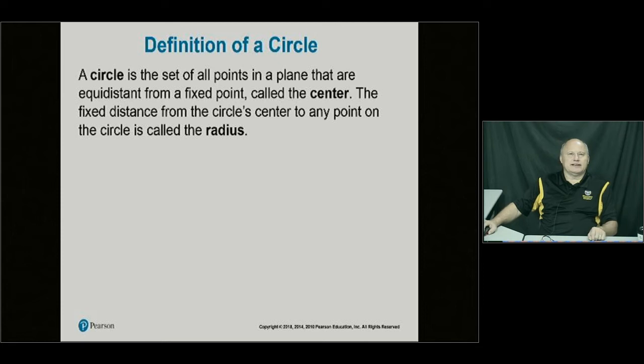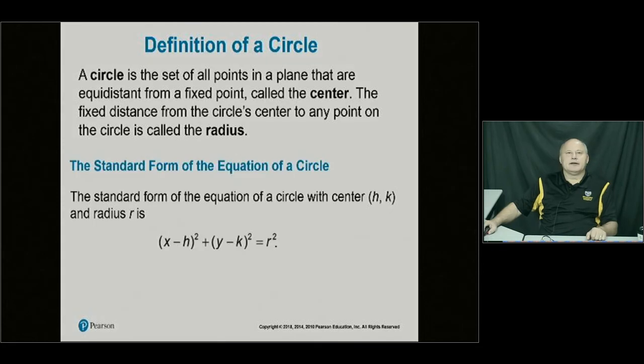A circle is a set of points in a plane that does this, but a sphere is a set of points in 3 dimensions. It's not in a plane. And that's a sphere. It's like a basketball. Okay?